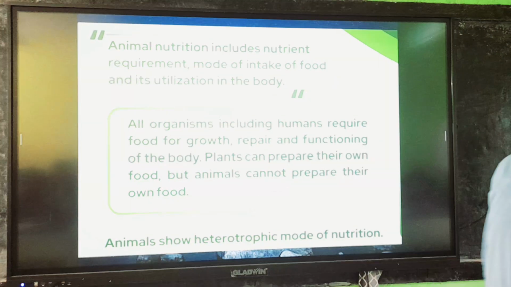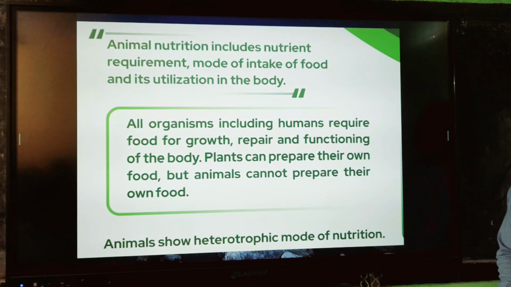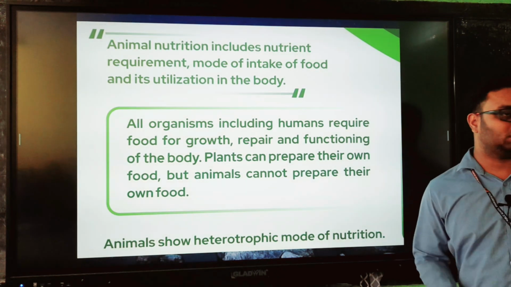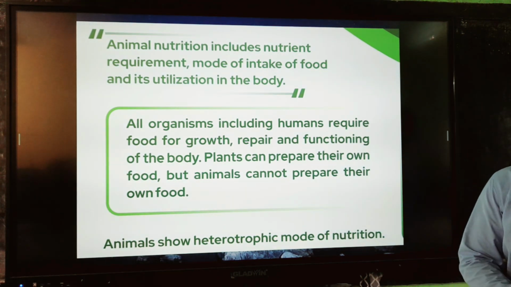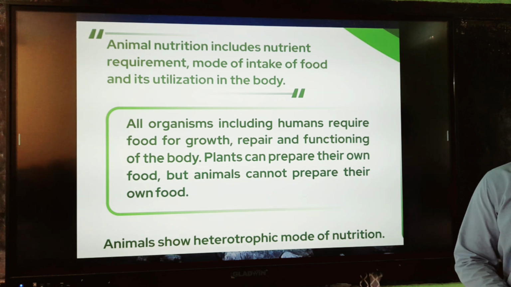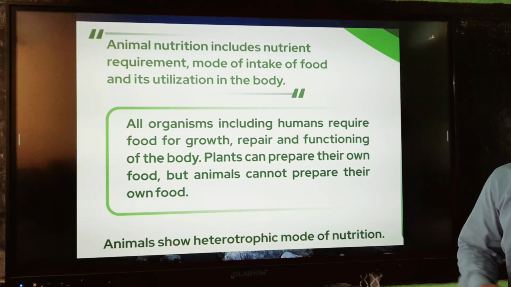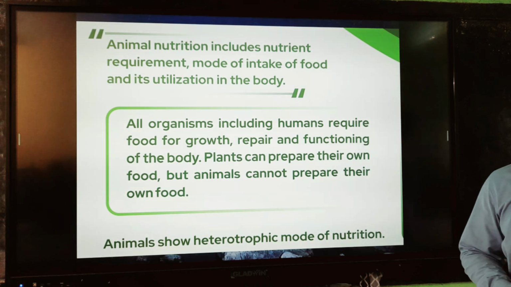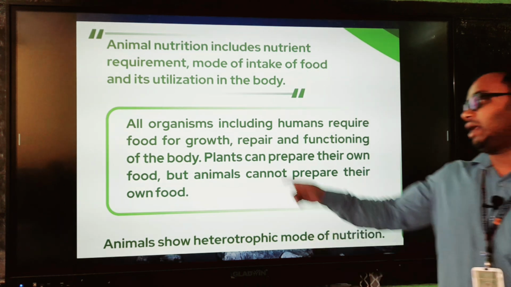All organisms including humans require food for growth. We are growing all day, aren't we? For our growth we need food. That food will give energy for our growth. Then repair.